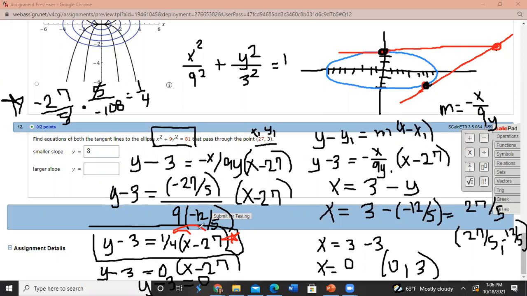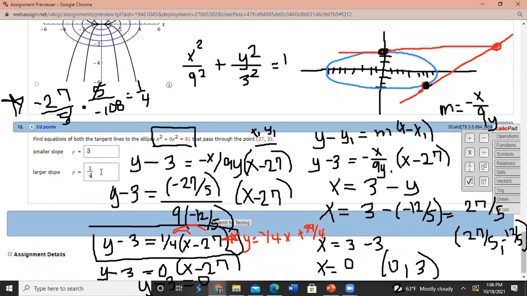So that would be like plus 9. No, plus 12. So I'm going to rewrite this as y equals 1/4 x plus 39 over 4. So that was a little rude there, but that's okay. So we'll do that: 1/4 x plus 39 over 4.